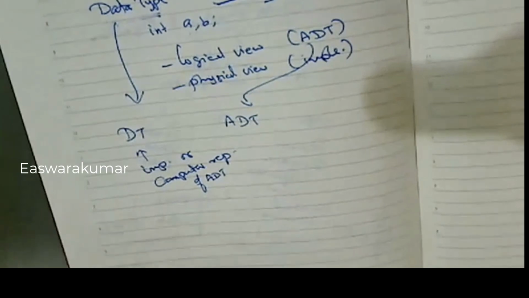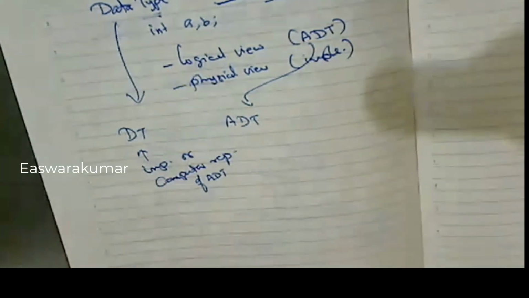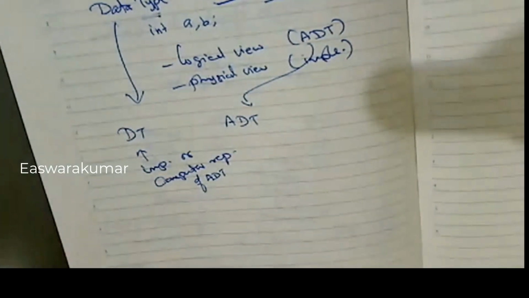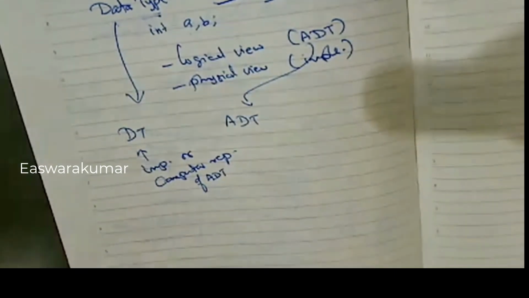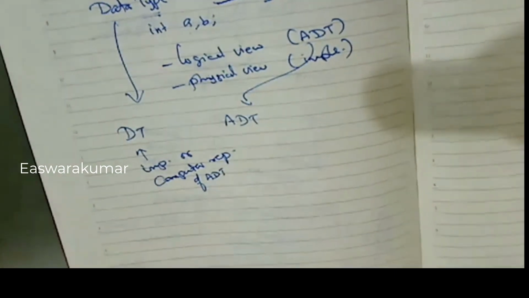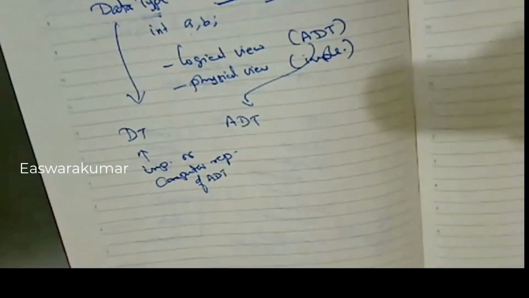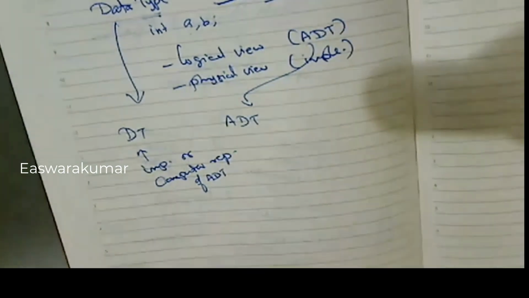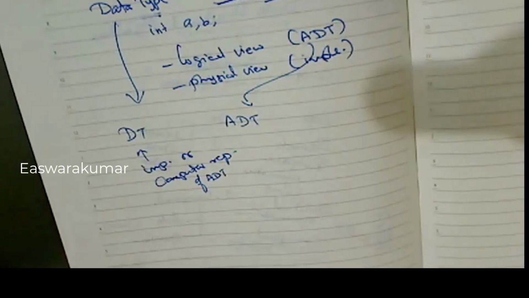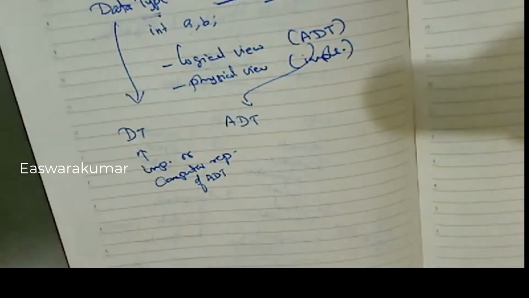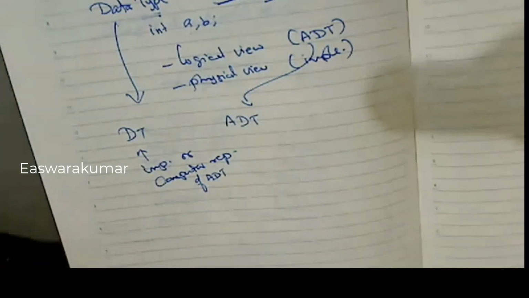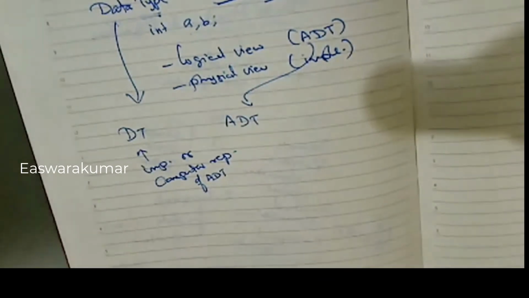I can give one small example for this. If you say integer, it's an abstract data type. Why? But in the programming language, I am not saying abstract data type, I am saying data type, right? I am not using the word abstract data type there.